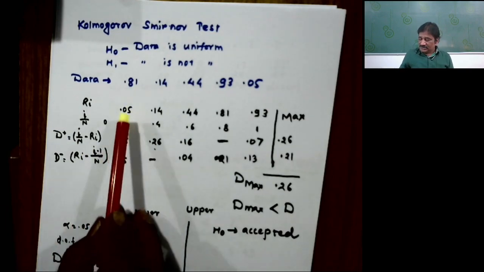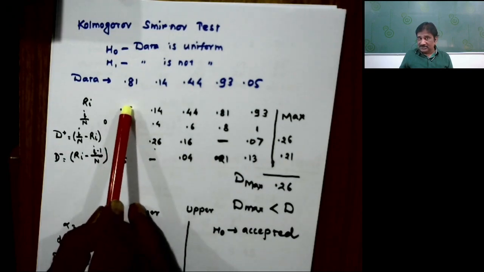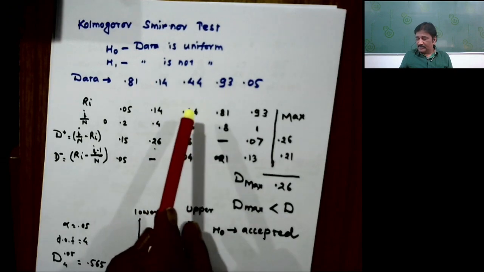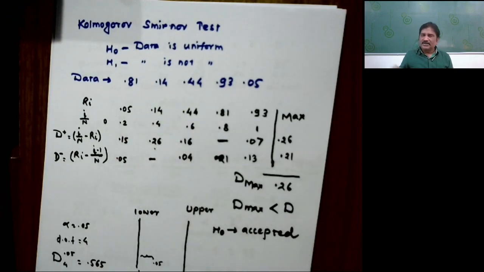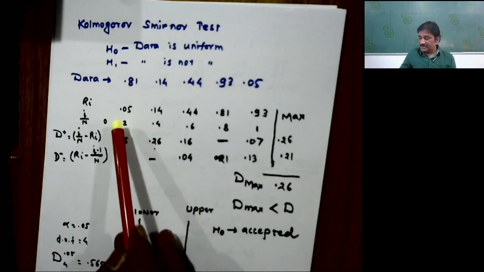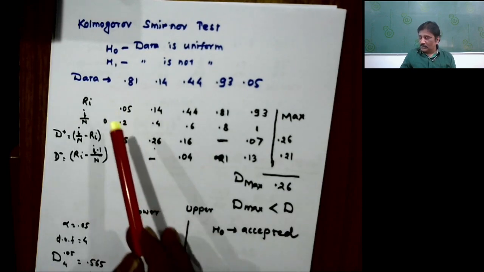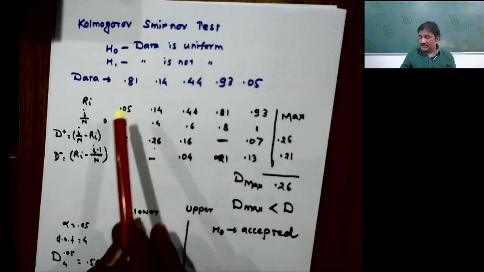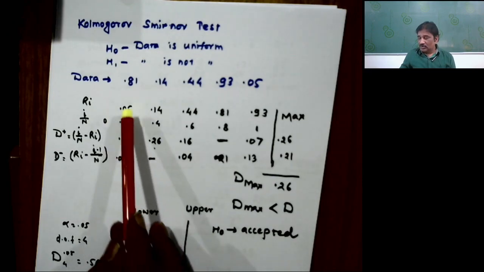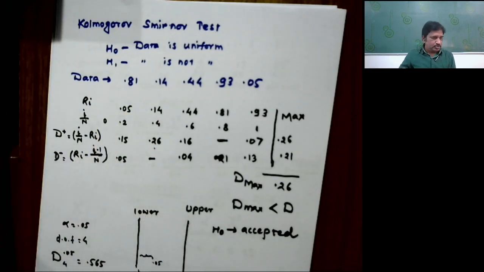So this is the upper bound of the window corresponding to this number, and so on. What I will be doing is taking the difference between this and this number, 0.2 minus 0.05: how far this number is away from the upper bound.